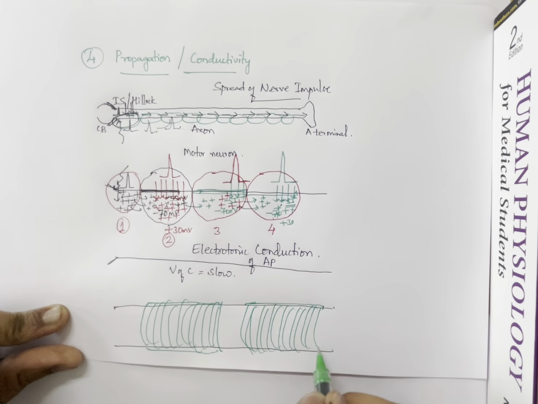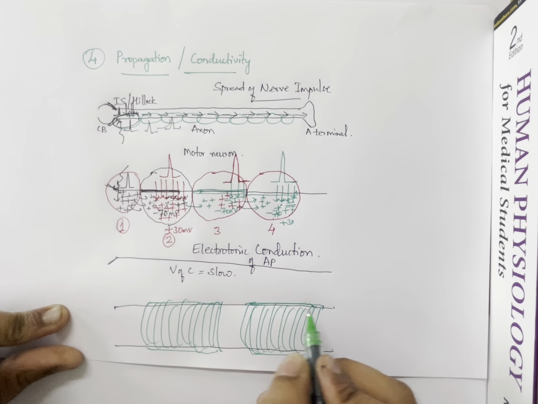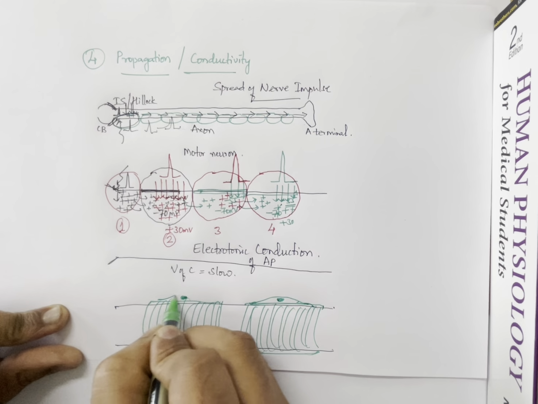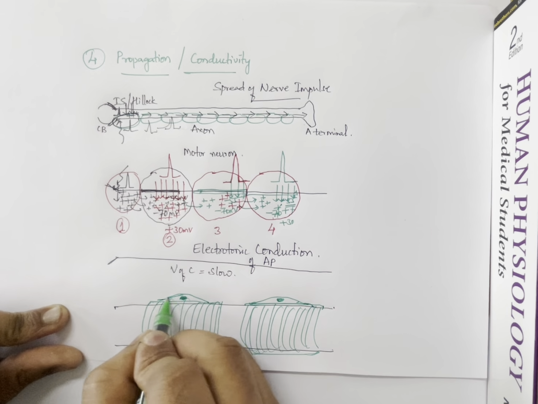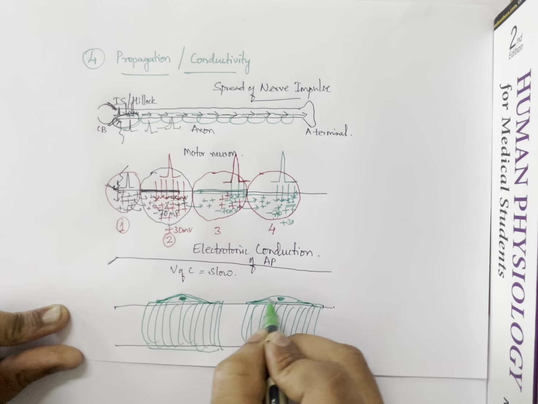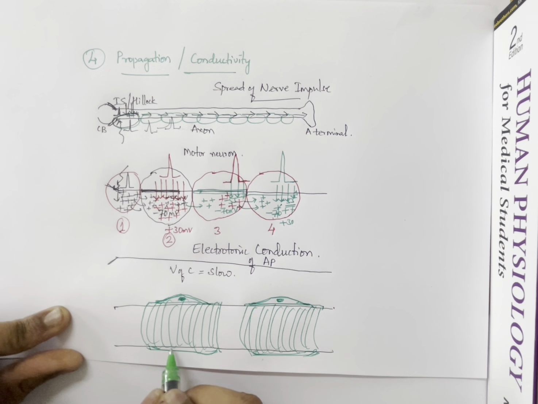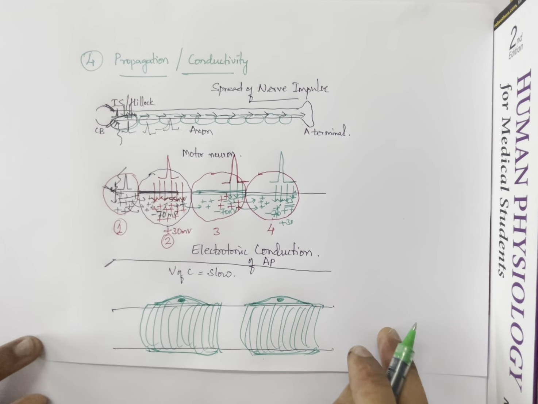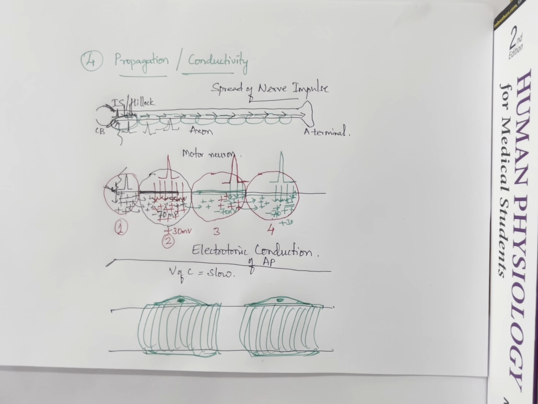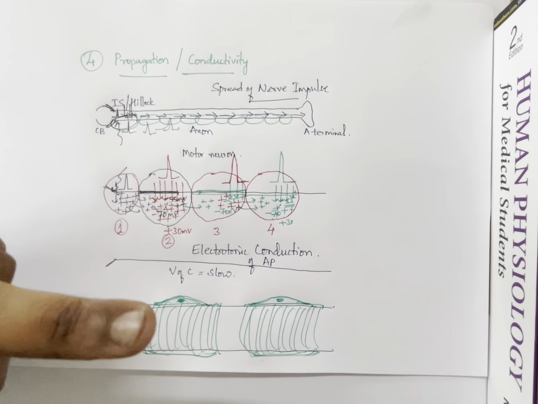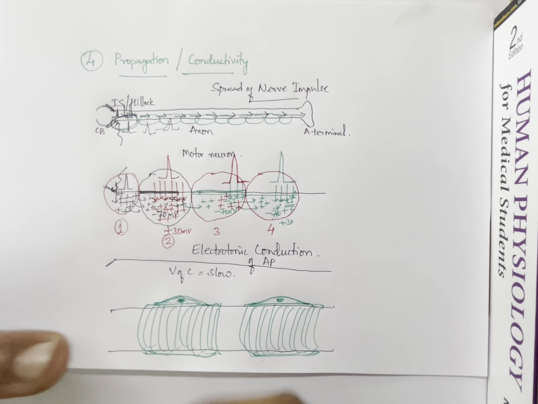And this myelin sheath is formed by what? The Schwann cells in the peripheral nerve, oligodendrocytes in the central nervous system. The Schwann cells will lay down the myelin sheath. Myelin sheath is nothing but the cell membrane of the Schwann cell that is covering around the axons.